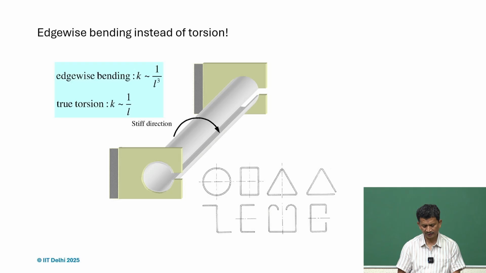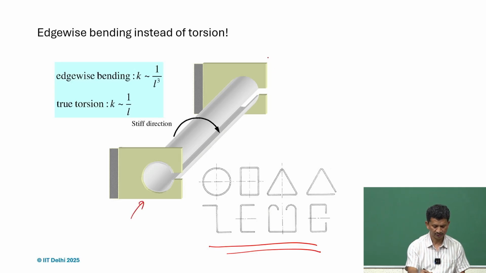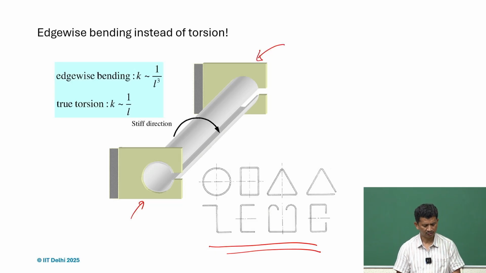We have many examples here. So different kinds of profiles, and we have many folds and intersections, and if it's more than one, then what happens? They are compliant members in torsion, but by clamping the ends just like this, we can get a very stiff member, a torsionally stiff member.